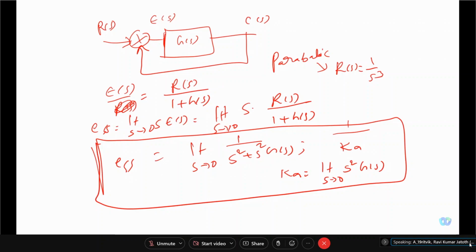Fine. So now ESS is 1 by Ka, where Ka is limit S tends to 0 of S square G of S. Ka is called the acceleration error constant.